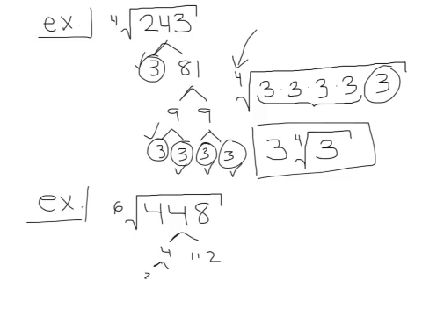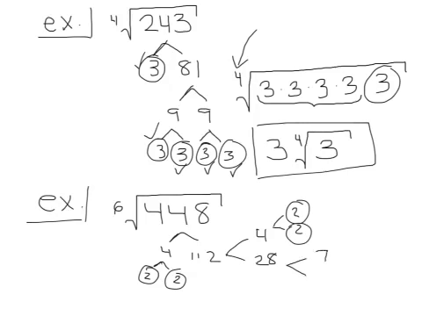Break this 4 down so it's 2 times 2. This 112 can be broken down to 4 and 28. Quickly break this 4 down into 2 2s. This 28 can be broken down to 7 and 4. 7 is prime. Quickly circle. We have 2 times 2 for this 4.